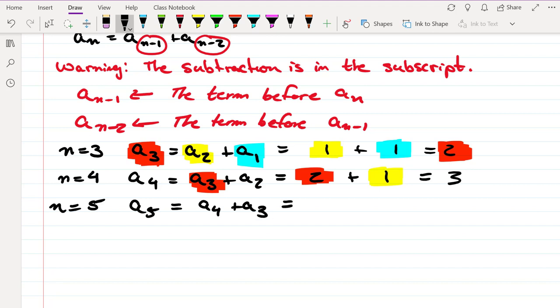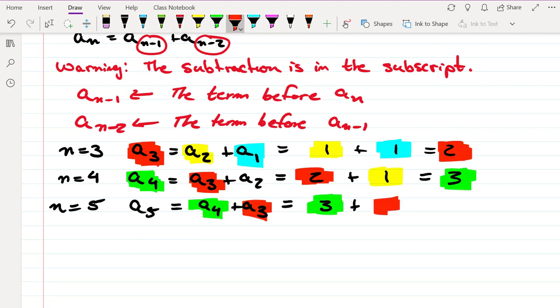And once again, we need to know what a sub 4 is, but luckily, a sub 4 was found in the previous step. And we know that the value of a sub 4 is 3, plus a sub 3 was found 2 steps ago, so that's going to be 2.